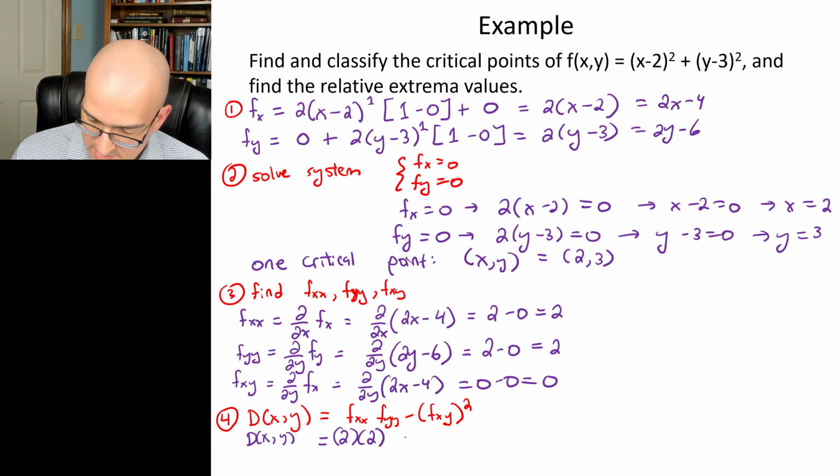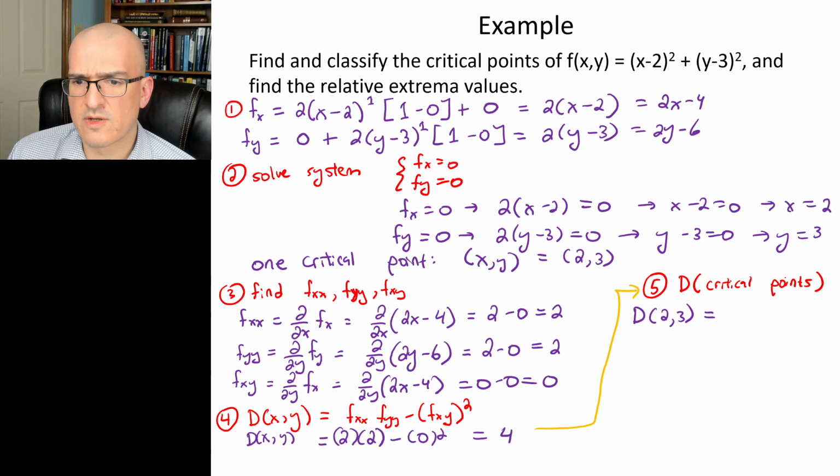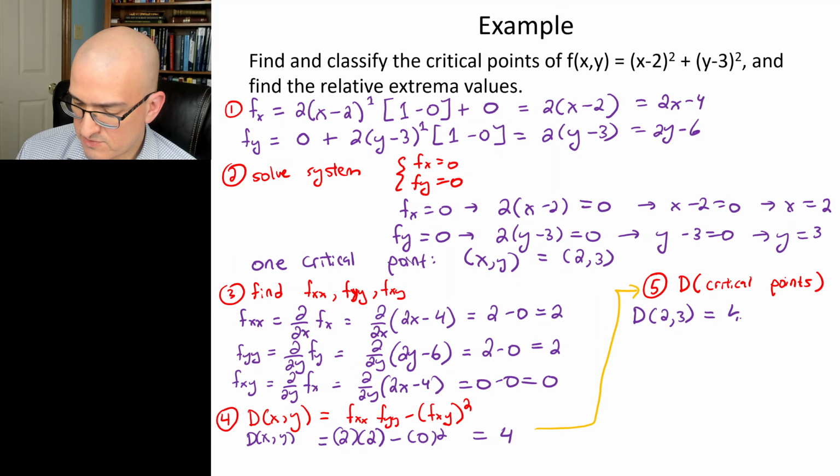Put critical points because often we have more than one. This time we have only one, D at 2, 3. So I'm going to replace all the x's in the capital D function with 2 and all the y's in the capital D function with 3. There are no x's and there are no y's, it's just 4. D is equal to 4, which is positive.